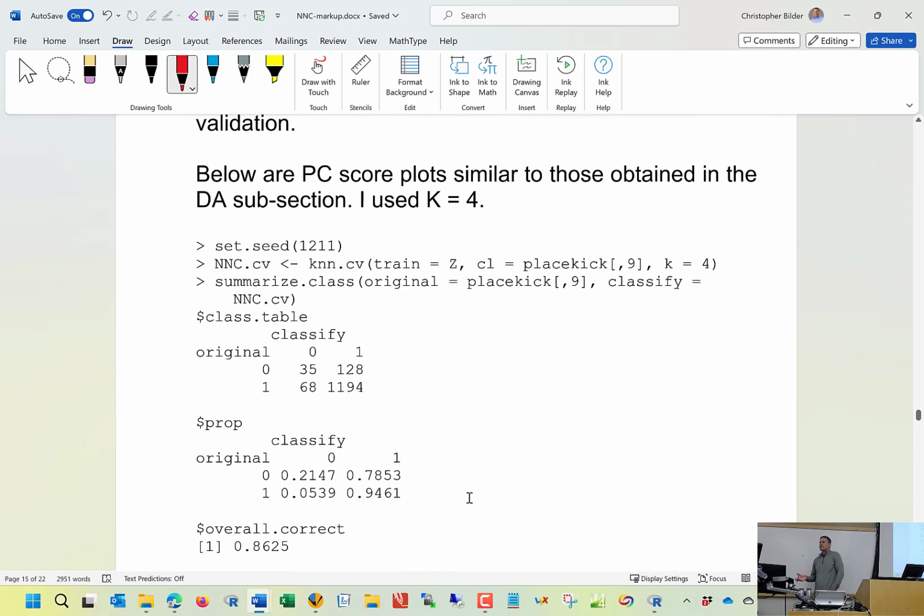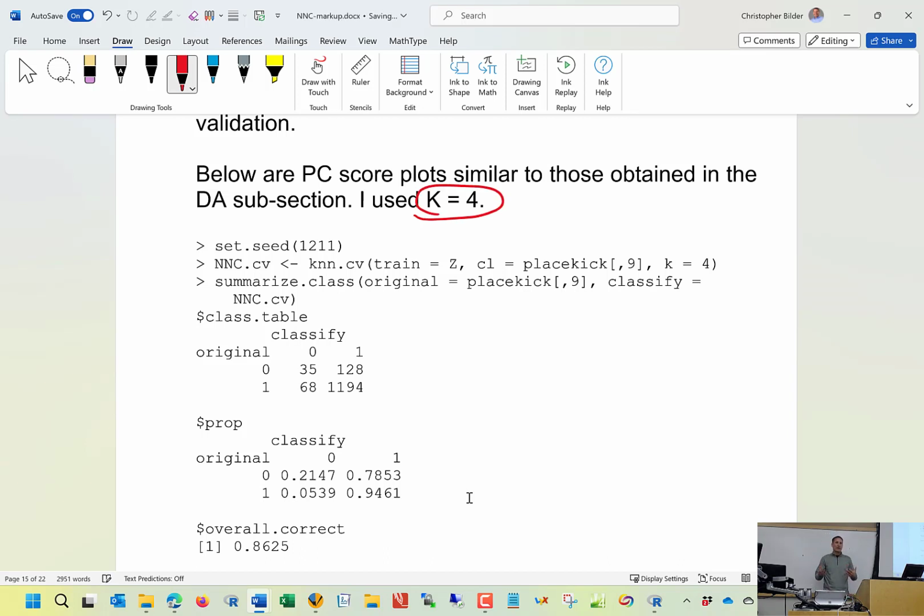Just like what we did with discriminant analysis, we'd like to be able to follow up with, well, where is it doing well? Where is it maybe having problems in terms of correctly predicting? So how about we take a closer look at k equal 4.